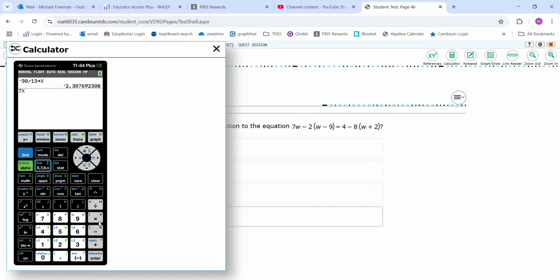So 7X minus 2 parenthesis X minus 9, and I get this weird number. If I type in 4 minus 8 parenthesis X plus 2, I get the same exact number, because they're equal. When I substitute that number in for X, it makes both sides equal. That's why there's an equal sign in the middle, right?